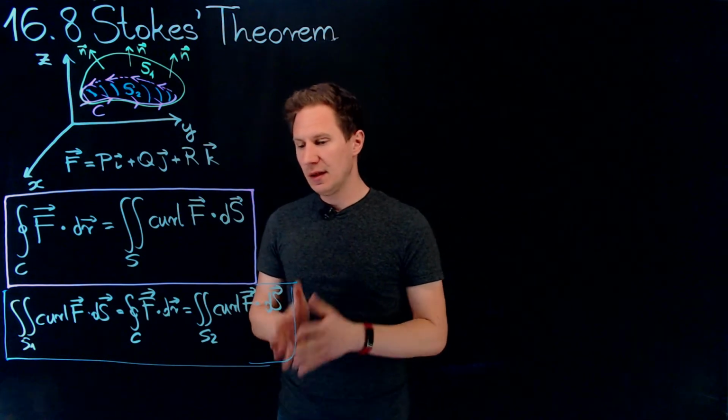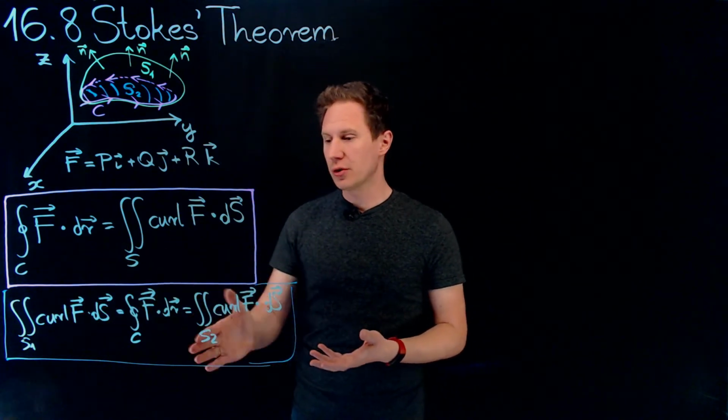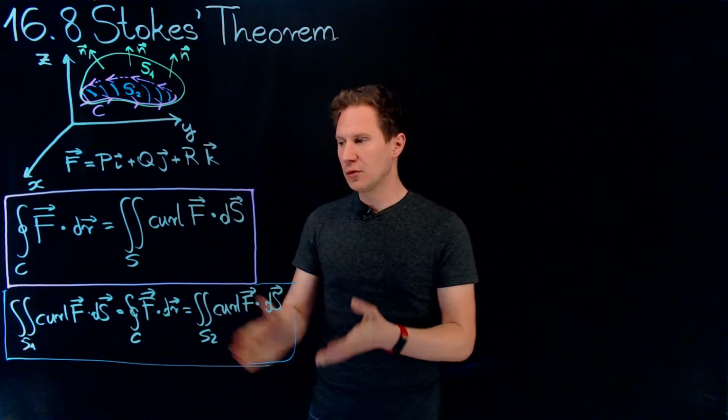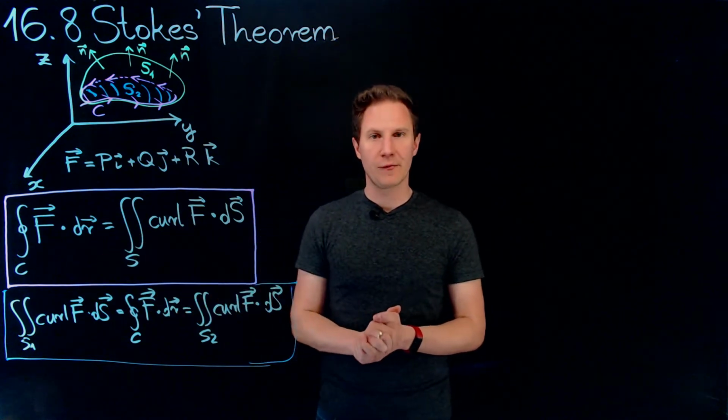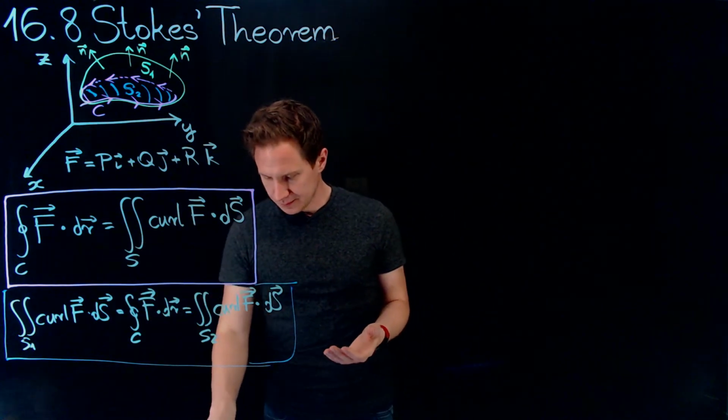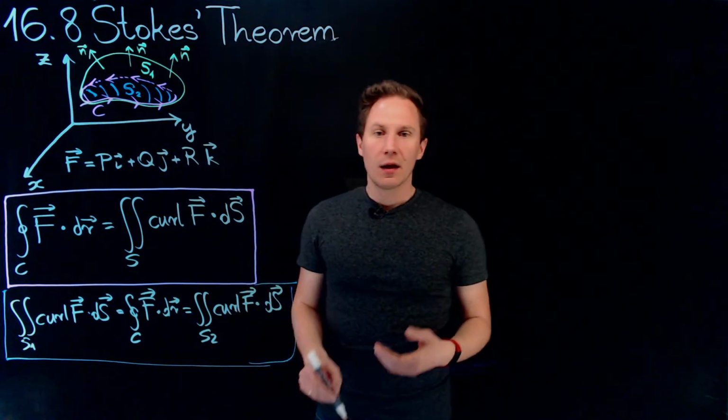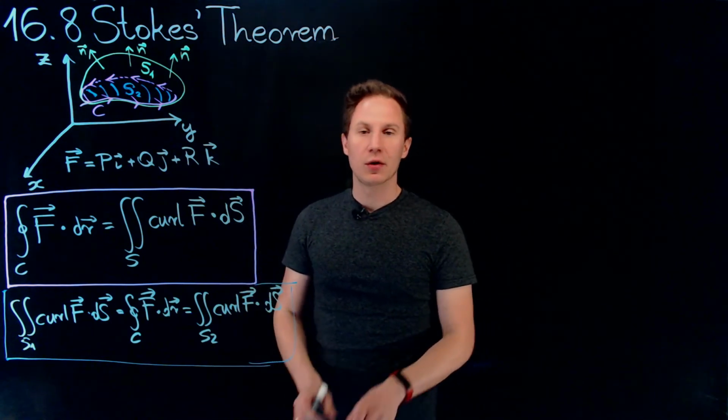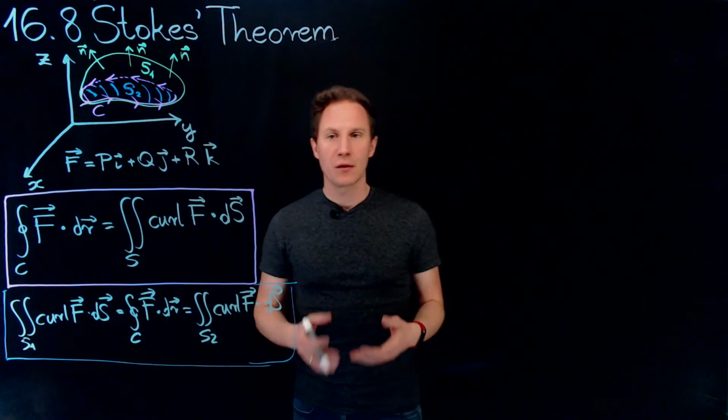You compute that easier surface integral, and you are sure, because of Stokes' theorem, that you get the answer that you were looking for. So that's one application or a consequence of Stokes' theorem.